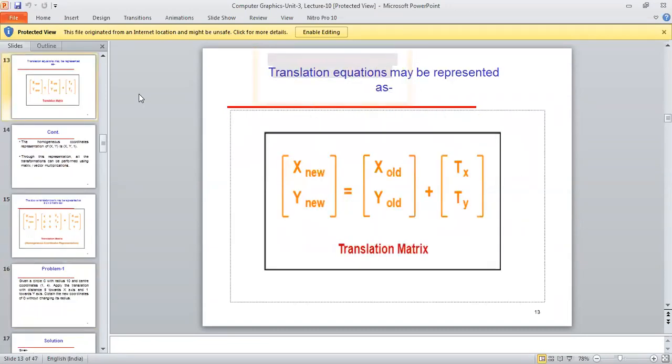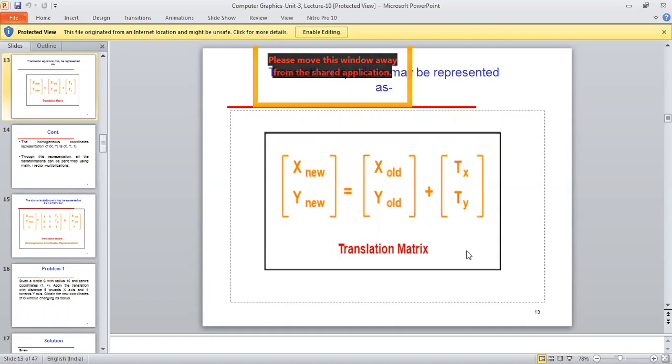Now this is called the translation matrix. How will we indicate those points in the form of a matrix? So this is called the matrix representation in 2D. x new is equal to x old plus tx and ty.